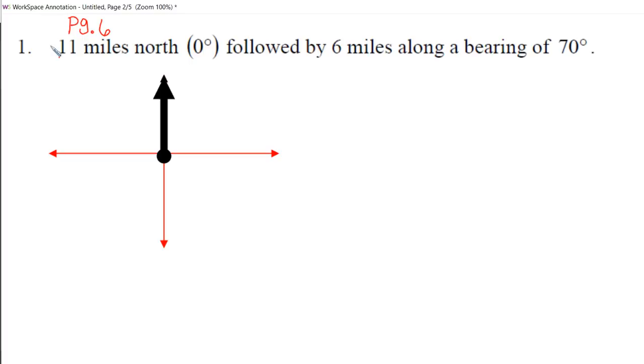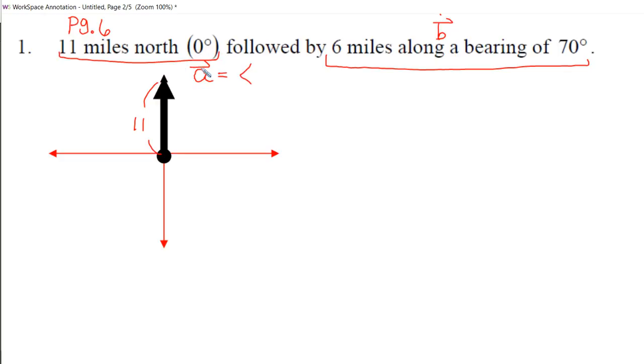From here to there is my first thing that I drew, and I'm going to label that as my vector A, just because I can. That was 11 miles long, followed by 6 miles along the bearing of 70. So that's going to be my vector B. But before I do, I'm going to go ahead and get my vector A first, like we did in class the other day.